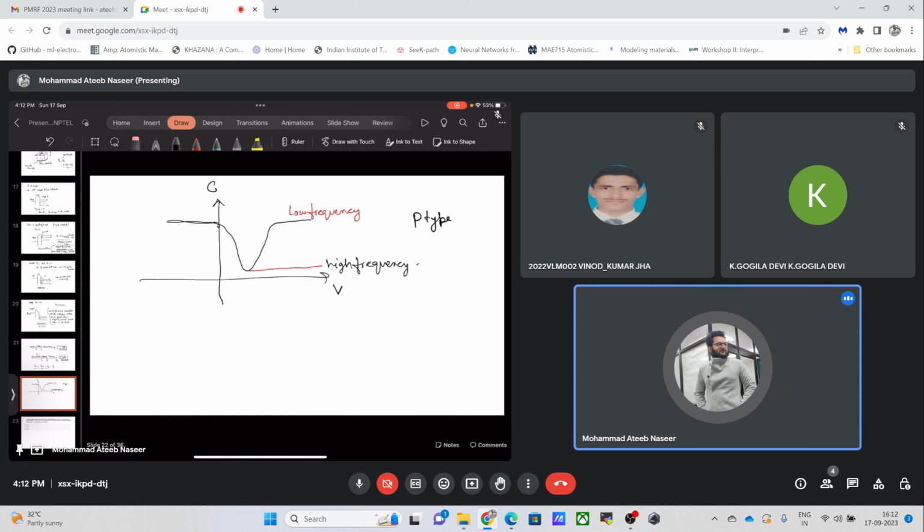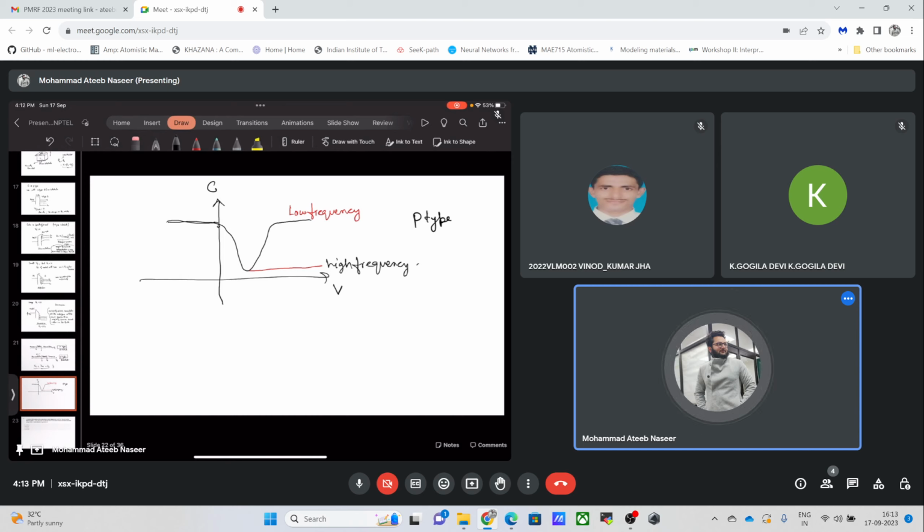As a result, we will have an accumulation of positive carriers at the interface of the oxide and the semiconductor. So this results simply in the accumulation of the positive majority carriers, which in this case are the holes.